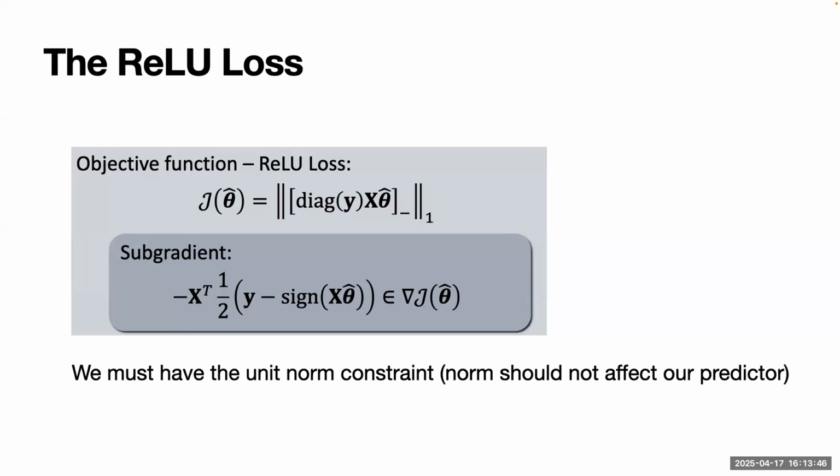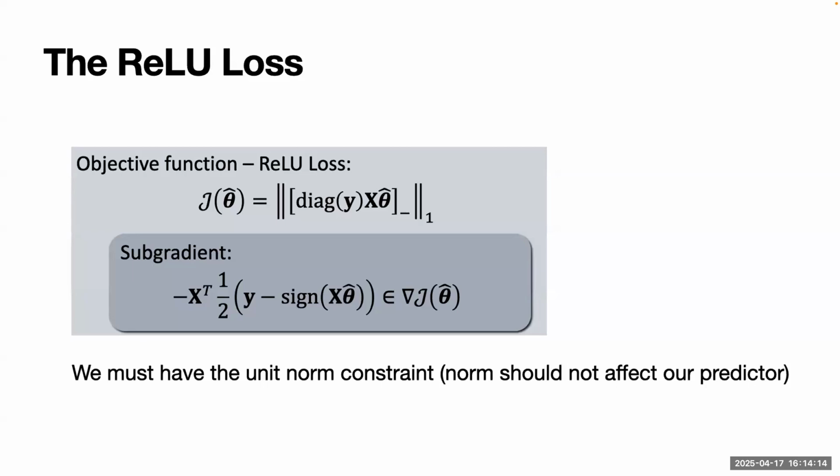When it is not matching, when it is negative, you take the absolute value of that. So you look at this y x theta, which is a vector, you take all the negative parts and then take the L1 norm. That's the ReLU loss. And this quantity that we are adding in each step is actually a subgradient of this ReLU loss. It's pretty easy to see that.